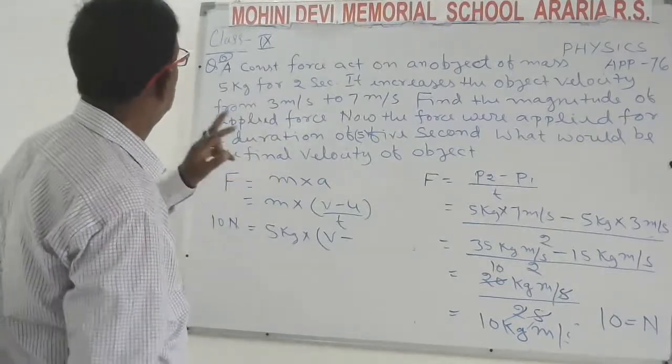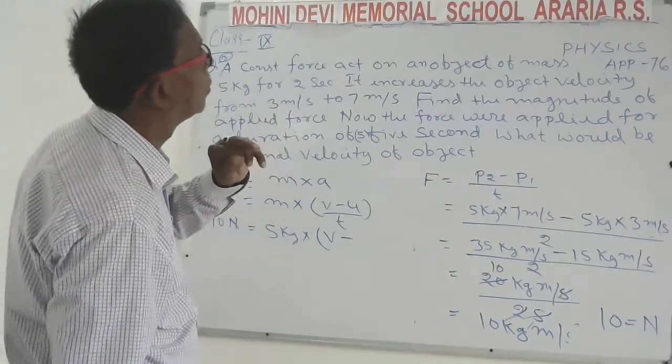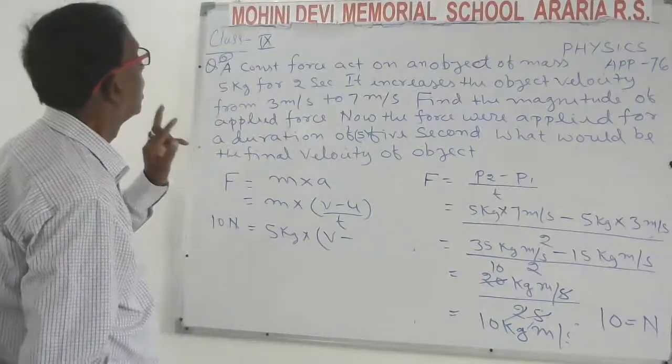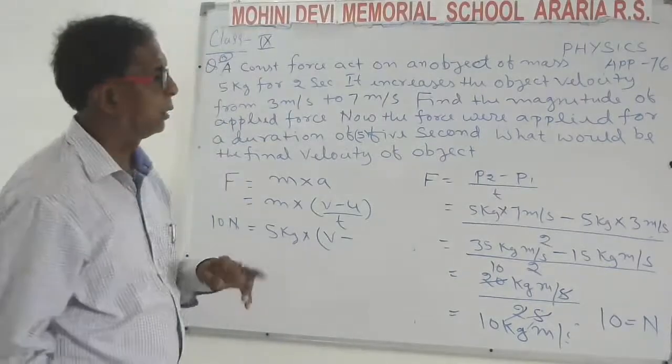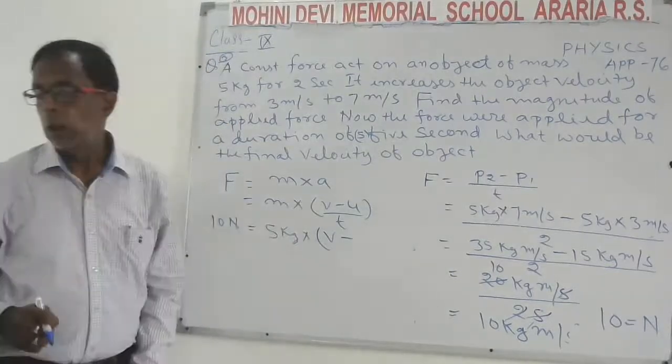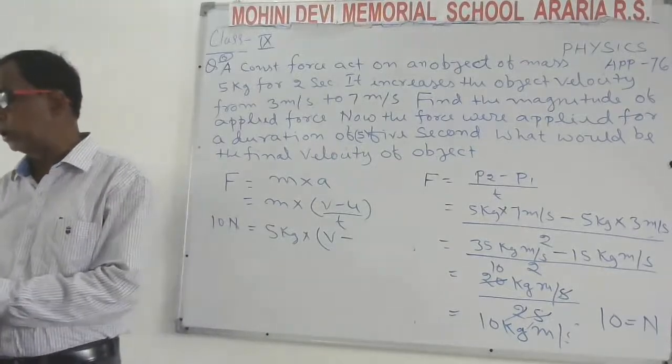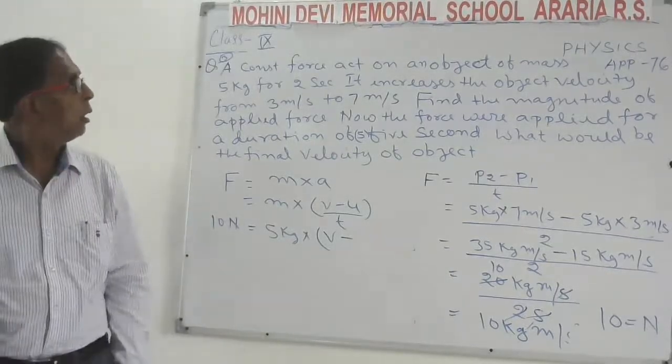Find the magnitude of the applied force. Now the force was applied for a duration of 5 seconds. Which velocity is taken as the initial velocity, can you imagine?